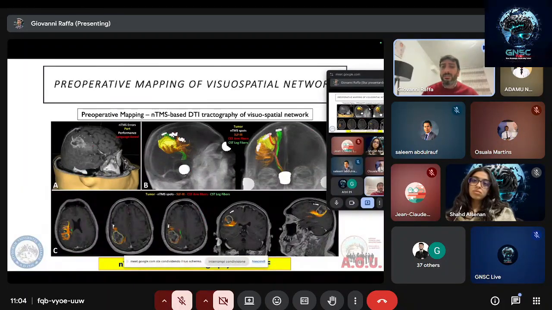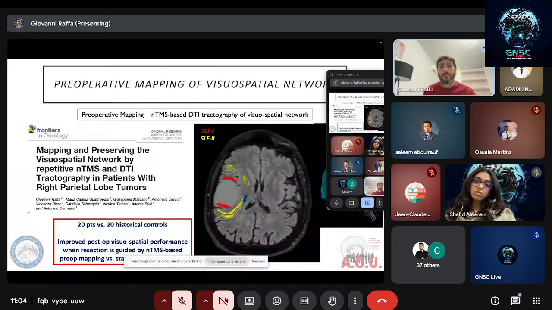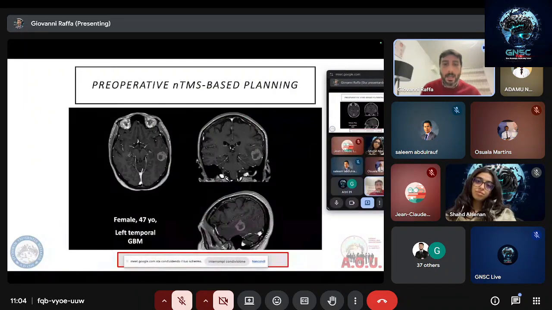And we can use all this information again, as we have done for the motor network and the language network, to preserve the visuospatial network and reduce the occurrence of postoperative neglect that usually is underevaluated by neurosurgeons, but it's very important for the life of our patients.